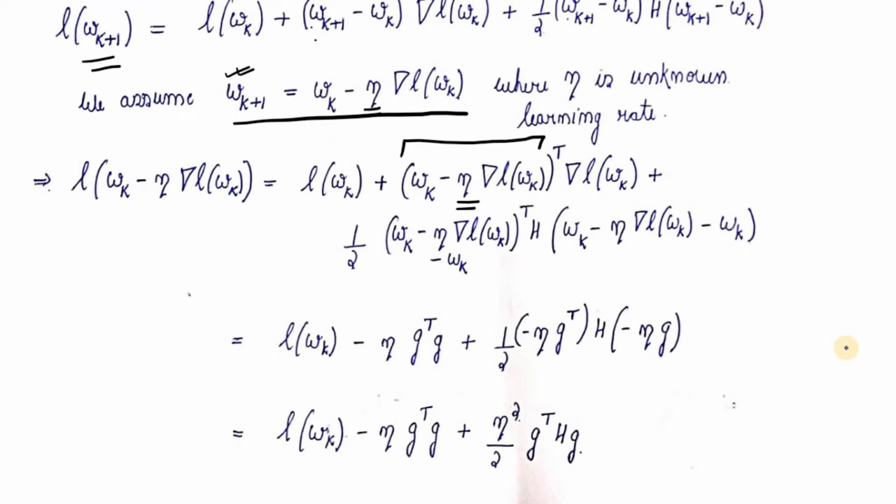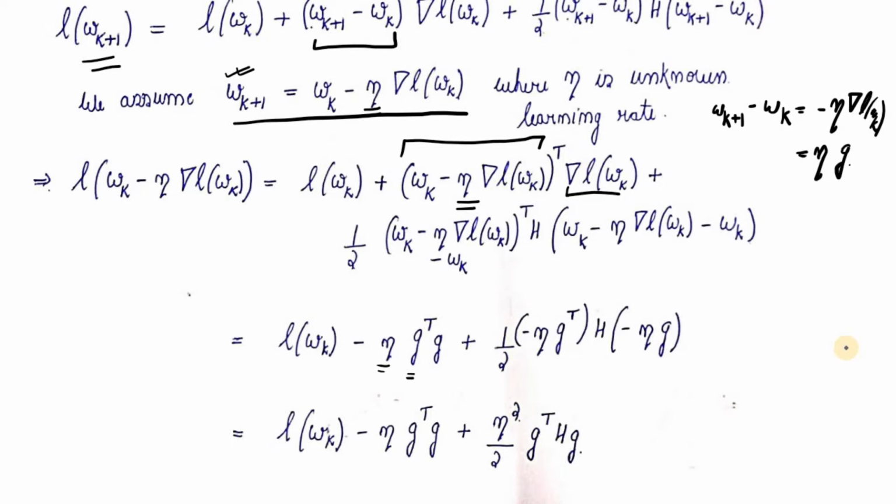So we consider the term w(k+1) minus wk first. Now if we solve w(k+1) minus wk, we put this substitution over here. We are only left with minus eta times the gradient of L(wk). We are going to put the same thing over here and replace the gradient of L(wk) with G. So the transpose of this term is eta times G transpose.